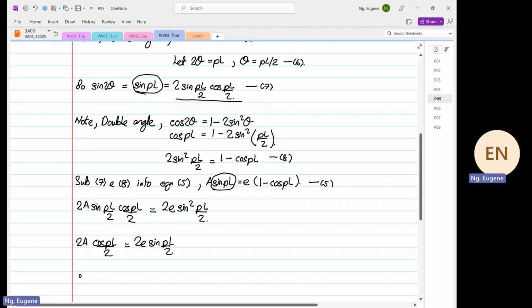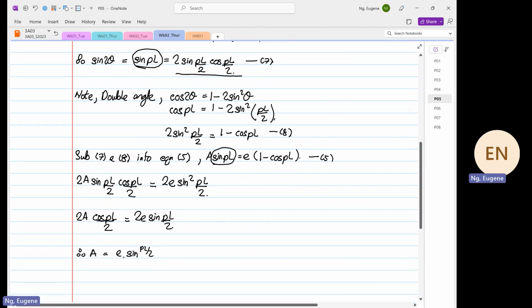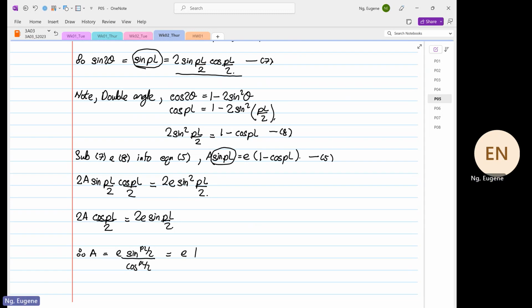So therefore, A will be equal to E sine pL over 2 divided by cos pL over 2. So this ultimately will become E tangent, small pL, I do beg your pardon, small pL over 2. So that is our constant A, all right?